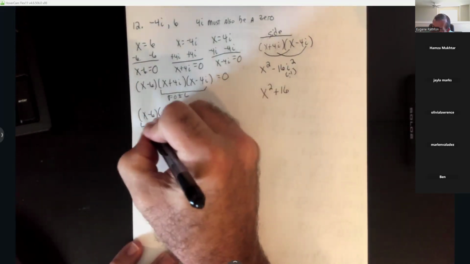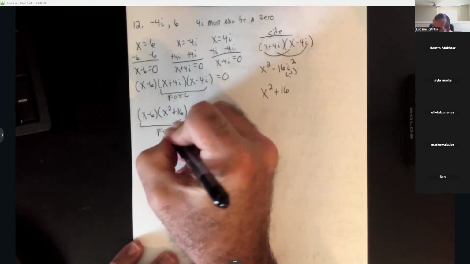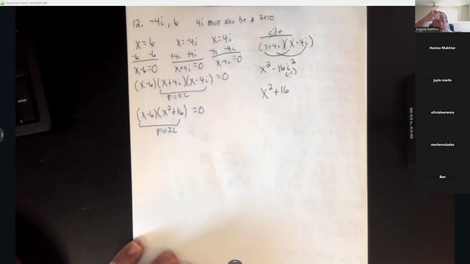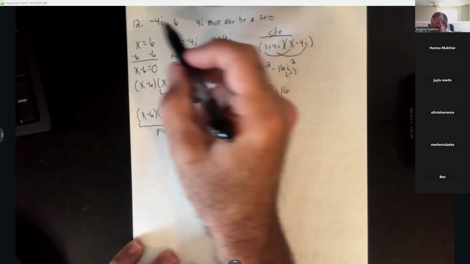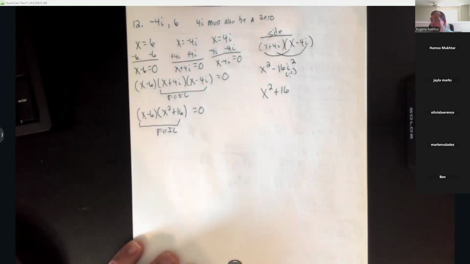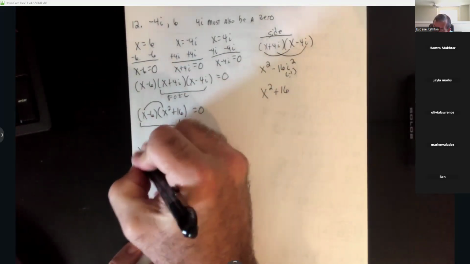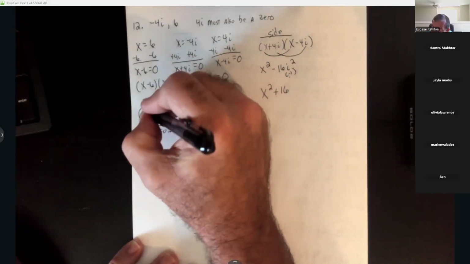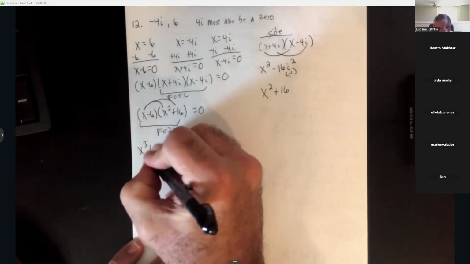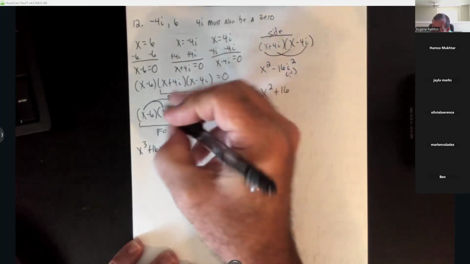All right, y'all. So the last step, FOIL this and be done. Now remember, I had 3 zeros, so I'm going to end up with an x cubed on this one. x times x squared is my x cubed. x times 16 is a 16x.